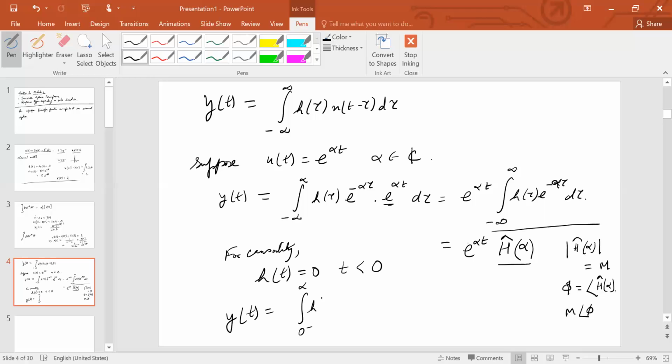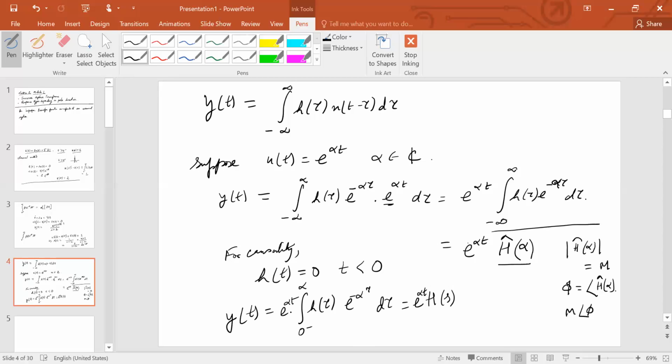Then this becomes the integral of h(tau) e to the power minus alpha tau d tau, and then we get back the regular Laplace transform. I'm getting rid of the hat now. So this is what we have defined as our Laplace transform.